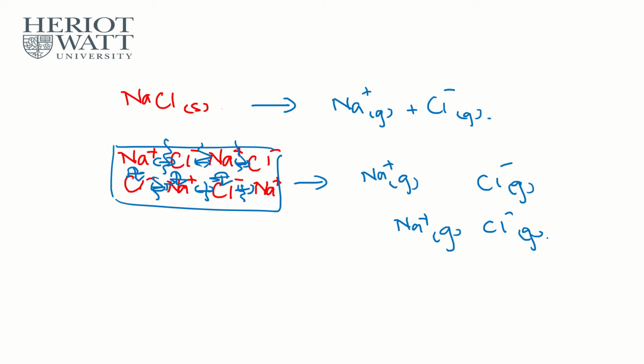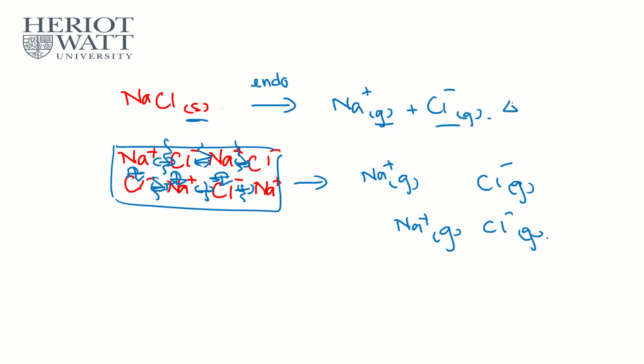Okay, so let me ask you a question here. Would this be exothermic or endothermic? Of course, we learned about exo and endo, right? So endothermic is absorbing heat, exothermic is releasing heat. Basically, breaking bonds is endo, forming bonds is exo. Now obviously in this case from a solid into gaseous ions, meaning that we are breaking bonds, so it's always endothermic.